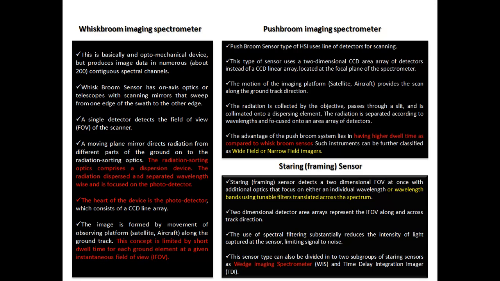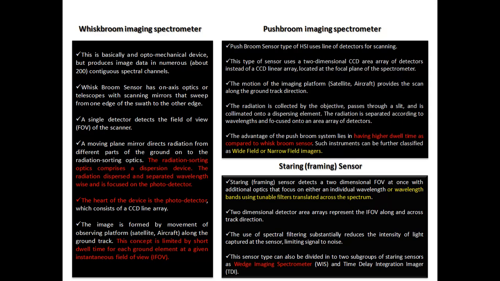Next, in the case of the Whiskbroom, it has on-axis optics with scanning mirrors. But in the case of the Push-Broom, the detector is located at the focal plane of the spectrometer. Next, in the case of the Whiskbroom, the moving mirror directs the radiation from different parts of the ground surface to the radiation sorting optics.